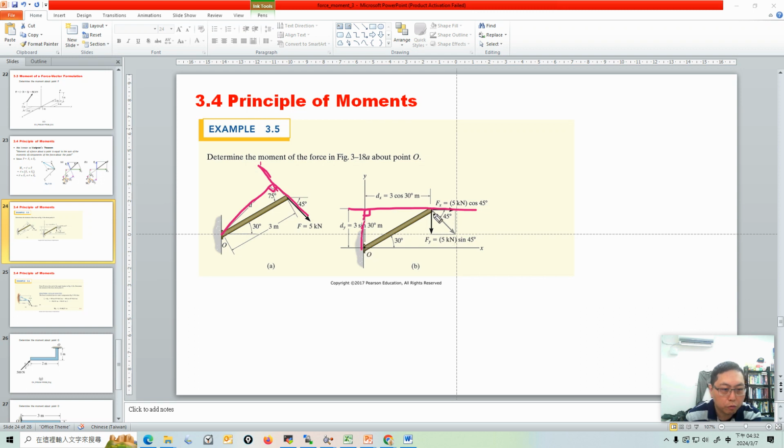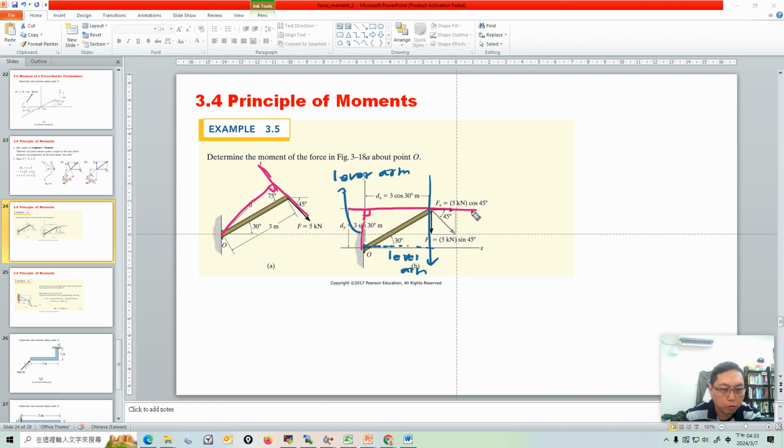This force is pointing downward, and the reference point is here, so this is a lever arm.